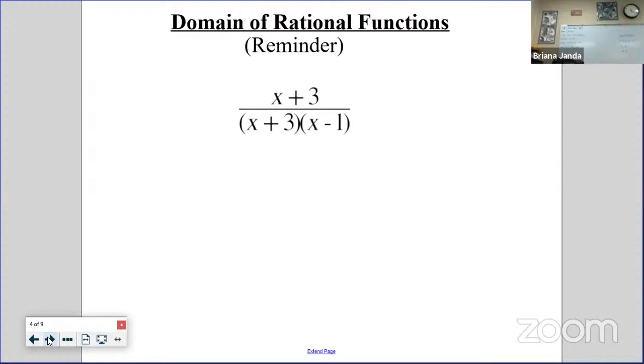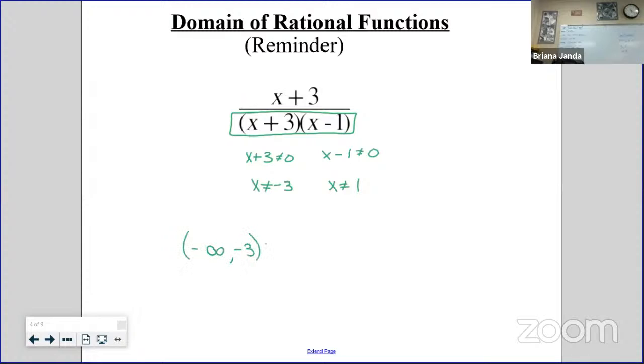When I said it's a fraction, I took the denominator and set anything in the denominator not equal to 0 and solved. And I found out that x cannot equal -3 and x cannot equal +1. And then we went from -infinity to infinity and broke at each of the things that it can't equal. So -infinity up to -3, -3 up to 1, and 1 up to infinity.